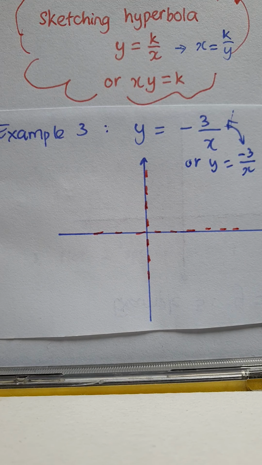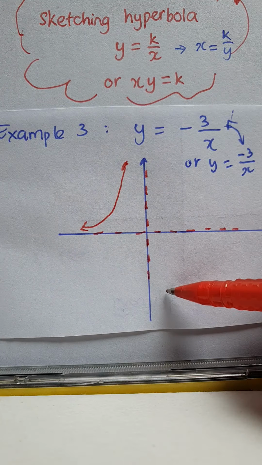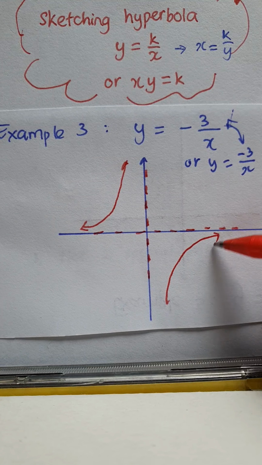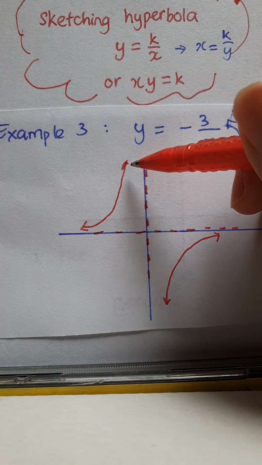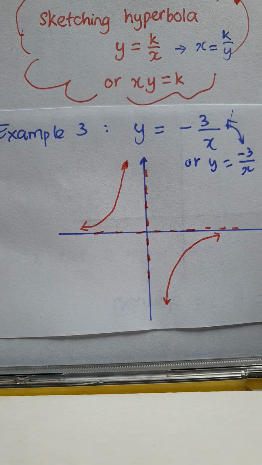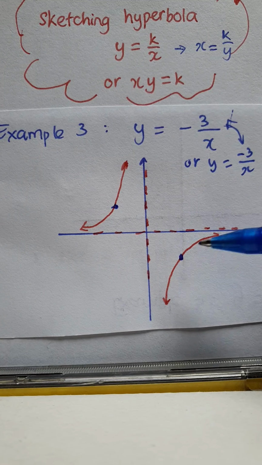Now, because k is negative, the hyperbola will have these shapes, in the second and the fourth quadrants. The next step is to clearly label our 2 special points over here and here.